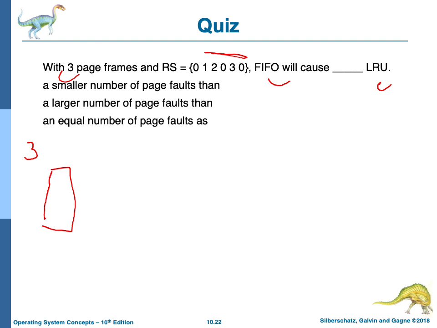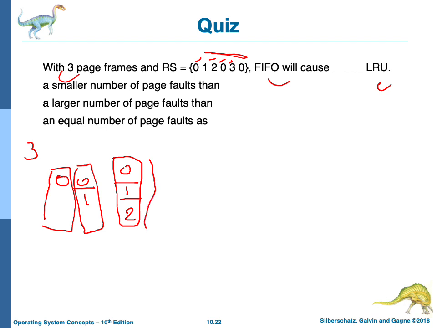If we were to use FIFO, then first page fault for 0, second page fault for 1, and the third page fault for 2. Okay, so 0, 1, 2, and then 0 is already in memory, and then we're going to move to the page 3.